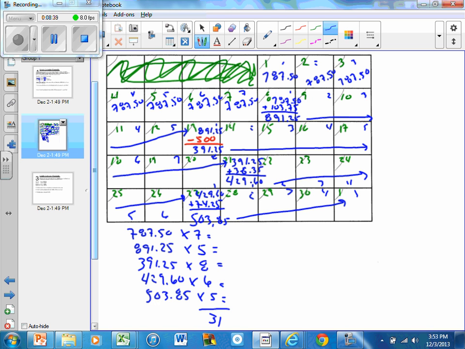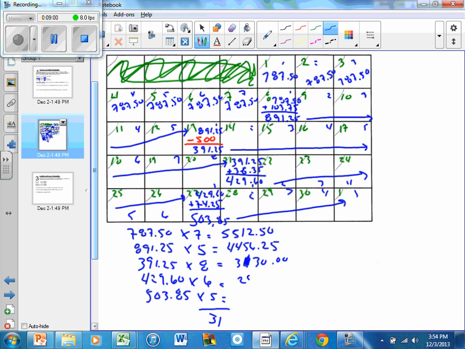So if we take our first grouping of numbers, it ends up being $5,512.50. Second number, 4456.25. Third number, 3130.00.